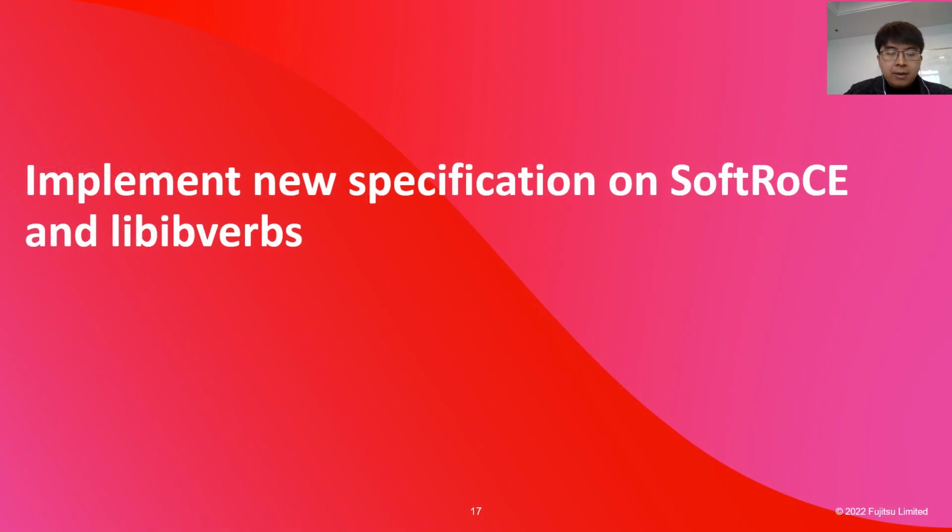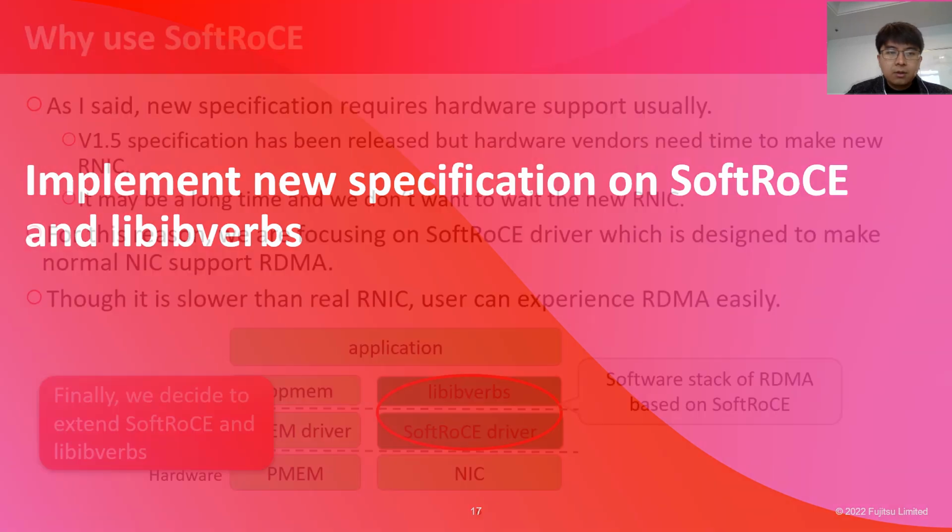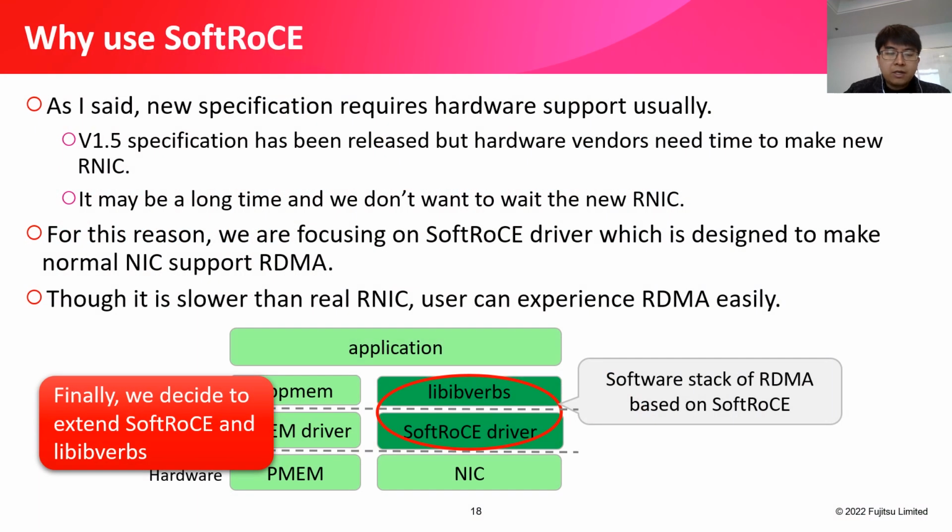The next thing I'm going to talk about is how to implement the new specification on soft RoCE and libibverbs. Why use soft RoCE? As I said, a new specification usually requires hardware support. The v1.5 specification has been released, but hardware vendors need time to make a new RNIC.